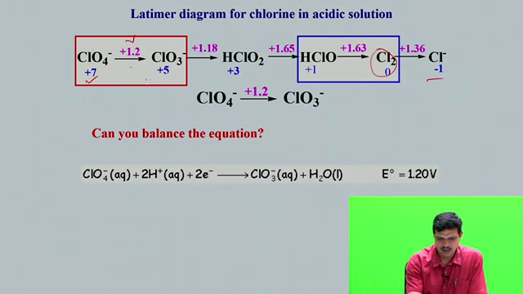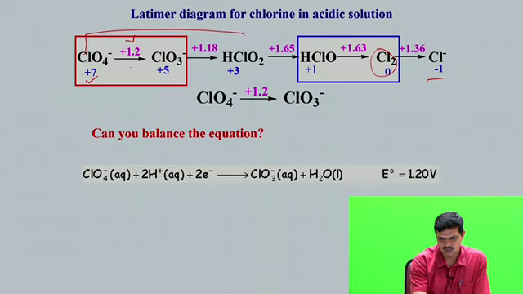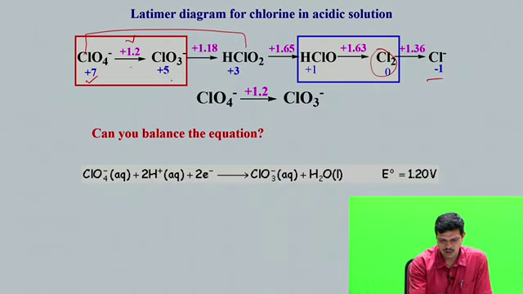If you have this information, and if you know how many electrons are transferred from here to here, you will be able to know the respective reduction potential of another couple, like this one or like this one.